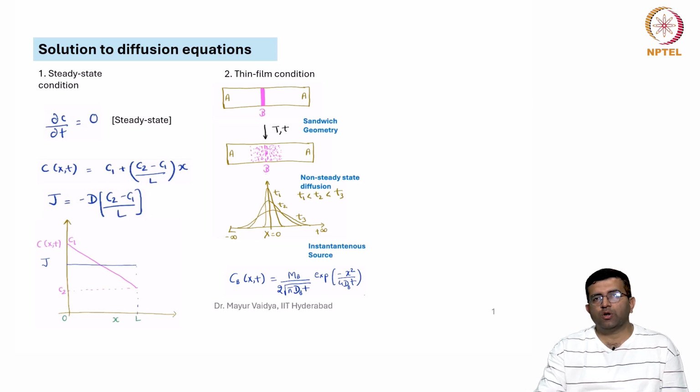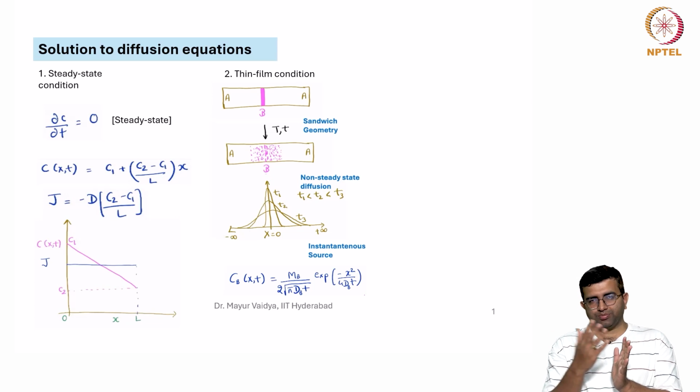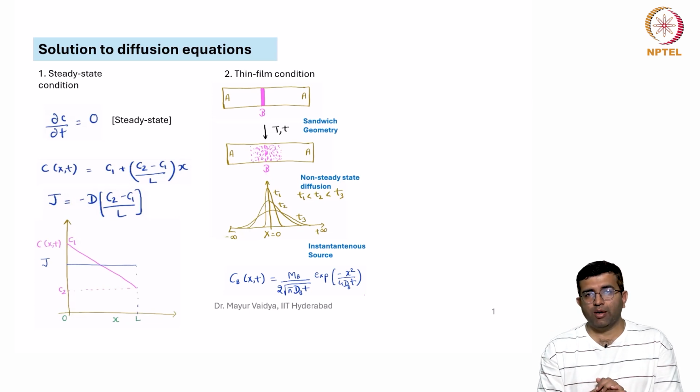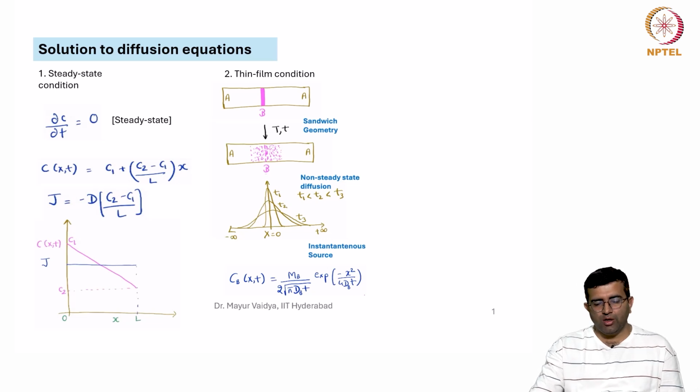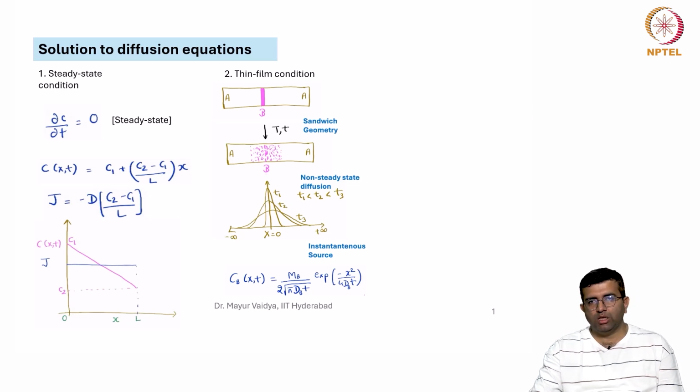We also saw that these are called infinite domain problems because the diffusion depth is much smaller as compared to the overall dimensions of the sample. That's why mathematically we define the limits or the boundaries as plus and minus infinity. So the solution for such a case is a Gaussian solution given by M by 2 root pi Dt exponential minus x square by 4Dt.